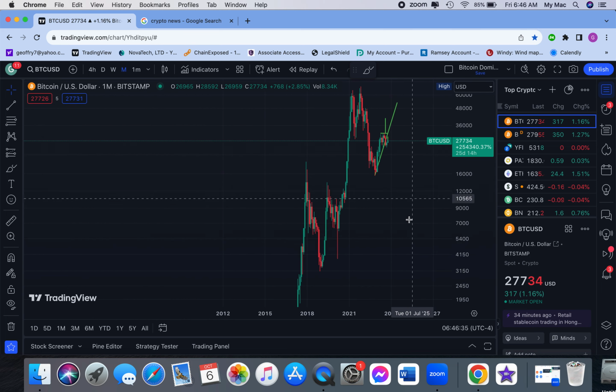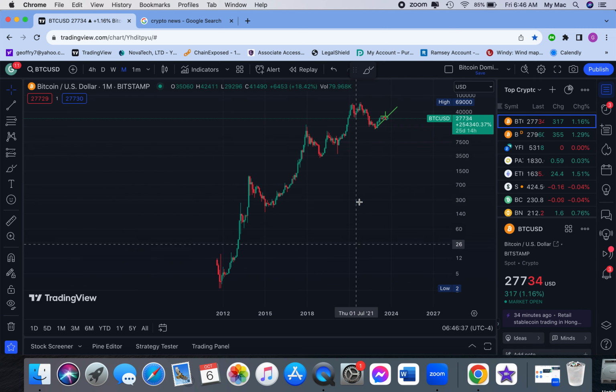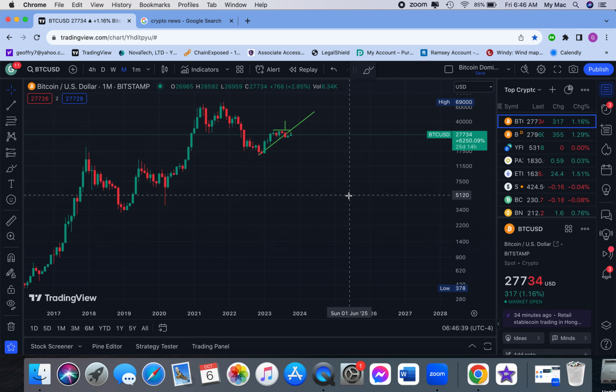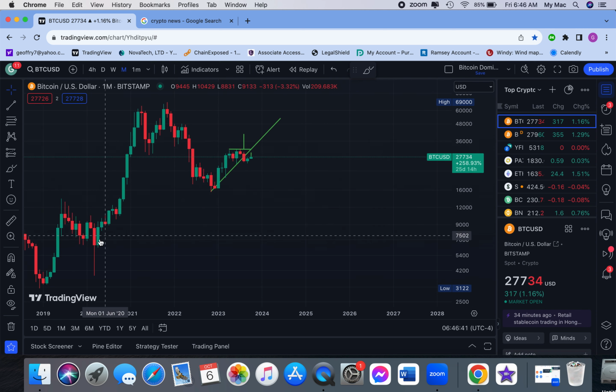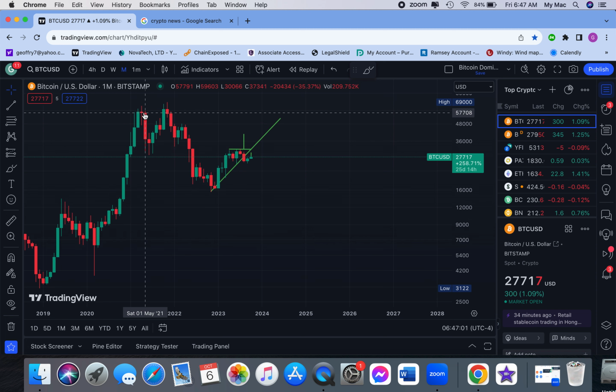You can see in short order what happened here. So our halving was in May, right in this point, back in 2020. Huge green candle the next month. Now, of course, we had the crash back here beforehand. But green candle, sideways, and then straight up.